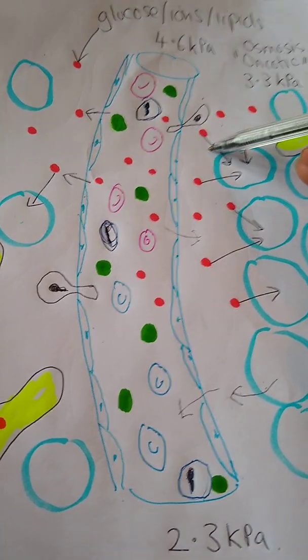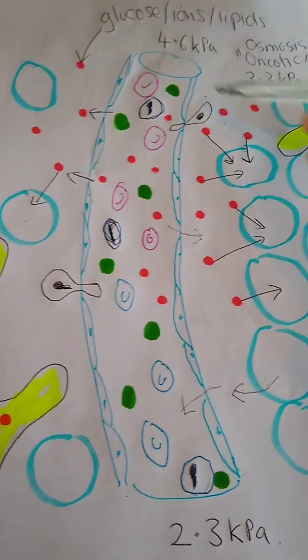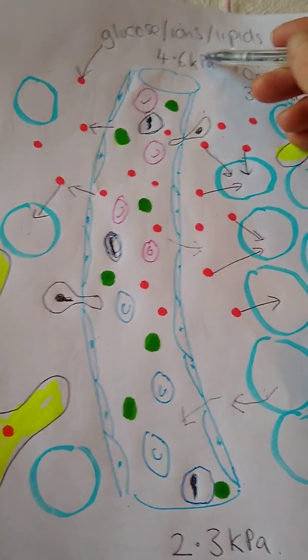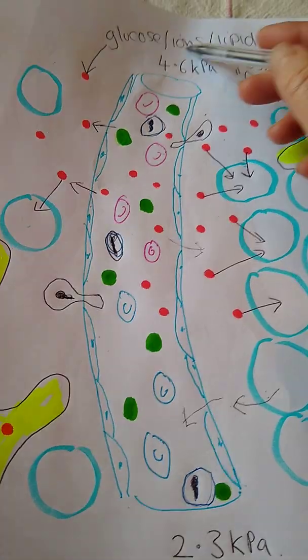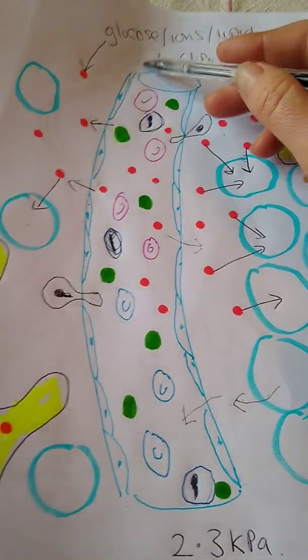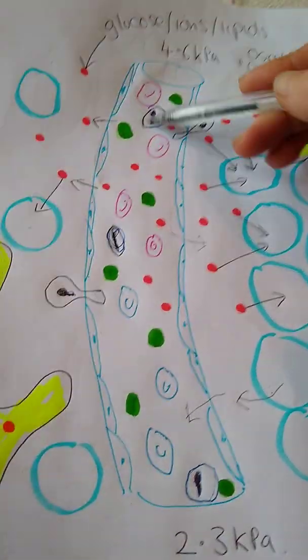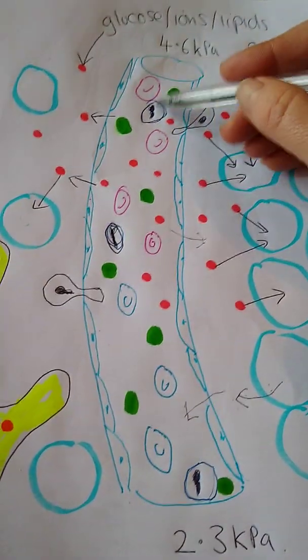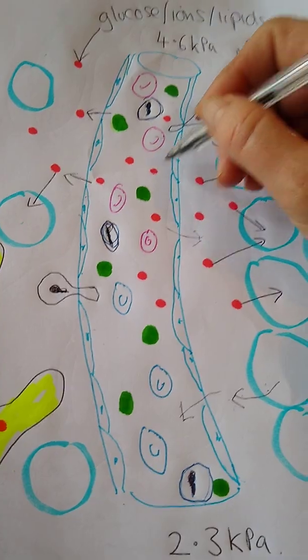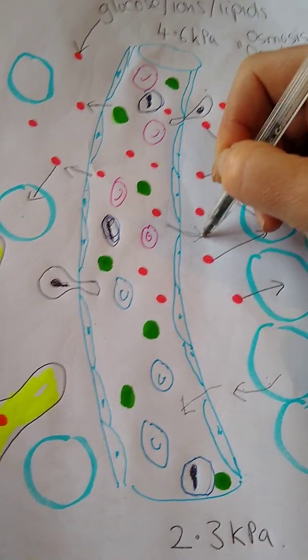Okay, so the water wants to go that way, but because of the pumping of the heart, creating this strong hydrostatic pressure, so that's the pressure of the blood flowing through the capillaries, we've got very high hydrostatic pressure driving the movement of water in this direction.